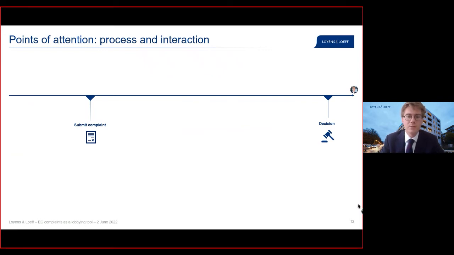And we made a small timeline with the most important points of interaction and the most important points for the process. It all starts, of course, with preparation of your case. That preparation not only entails filling out the complaint form, but also the prior action you have to take at a national level, because you will eventually have to show the European Commission that you made efforts to change the practice, to resolve the issue of the EU law infringement before filing the complaint.